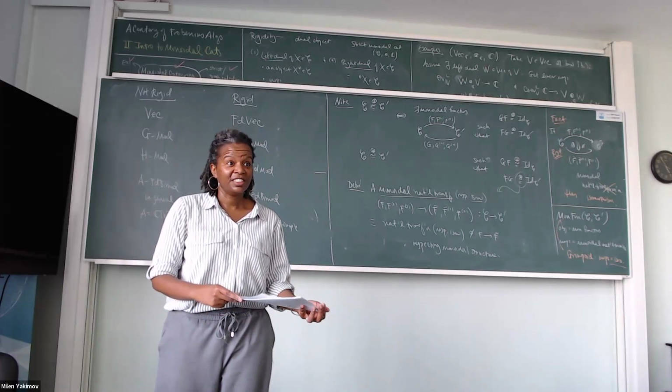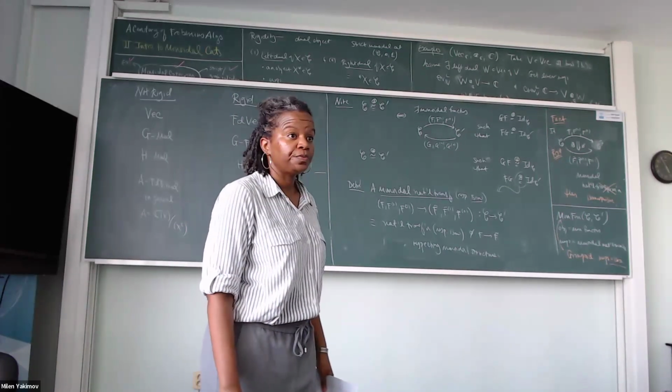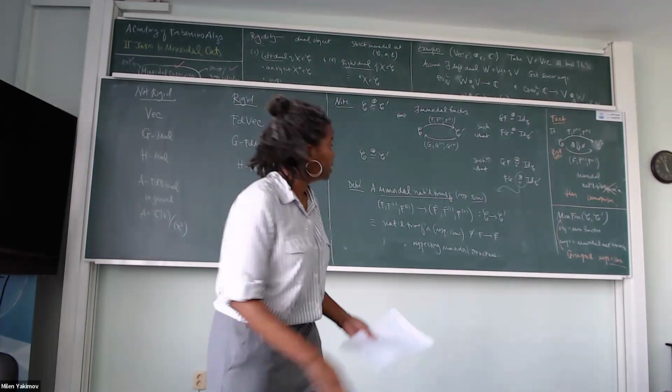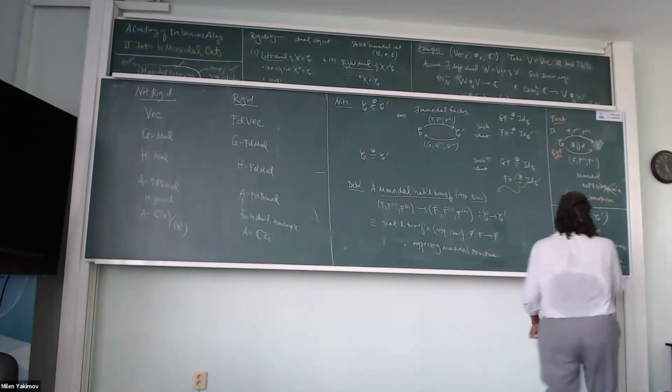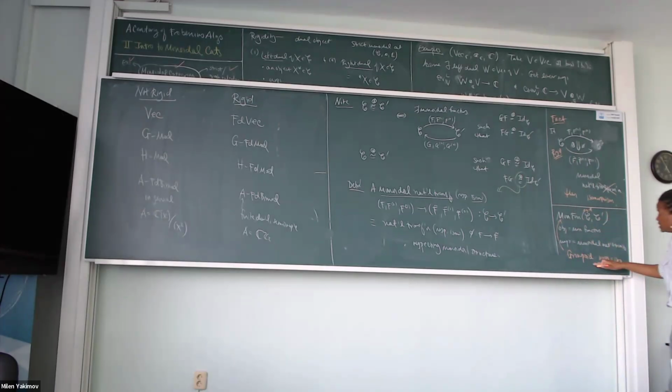Questions? Sure, I just missed something about C being rigid and C prime. C prime is anything, it could just be a monoidal category. So if C is rigid, then this ends up being a groupoid. Any map is an isomorphism.